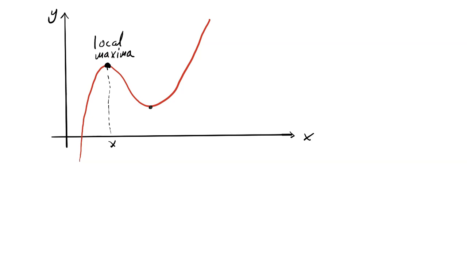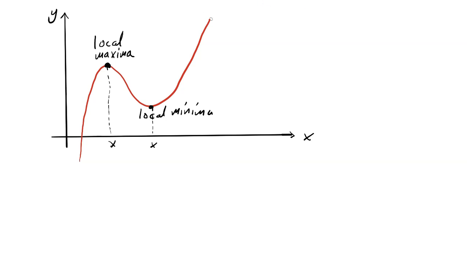In the same way, this is called a local minima. Okay, so local maxima and local minima. Then we can also talk about global maxima.